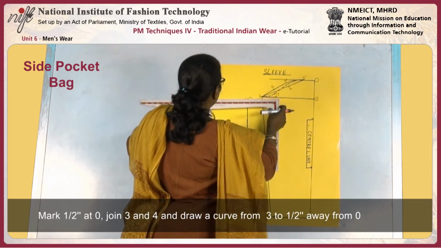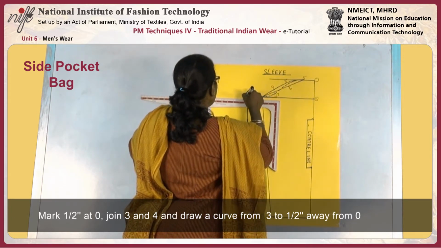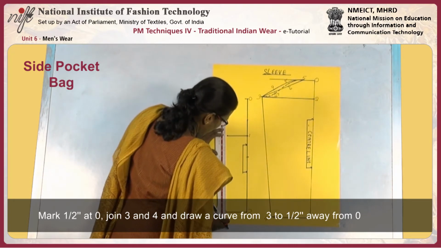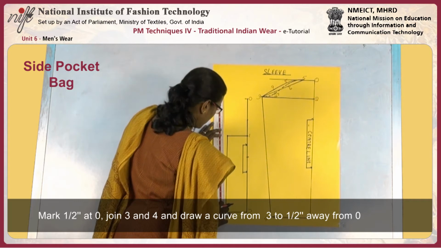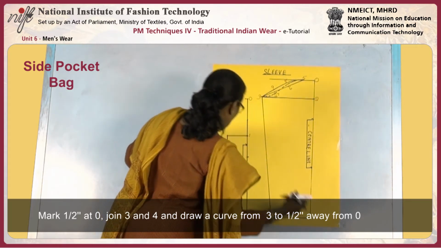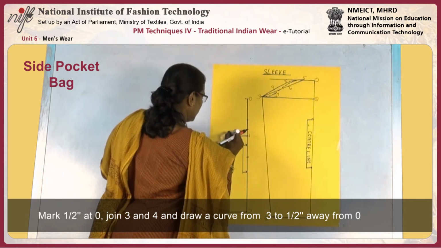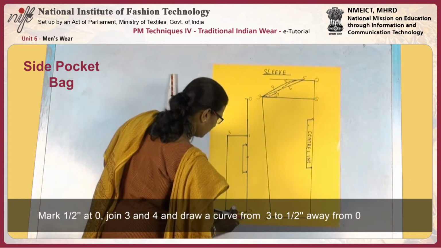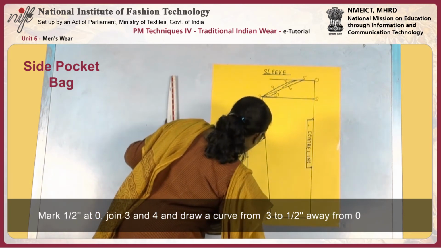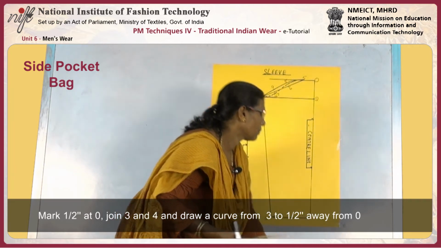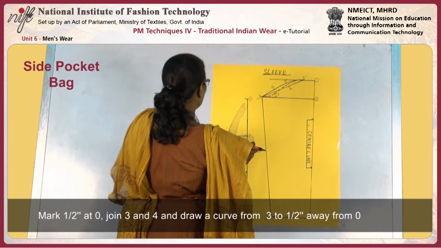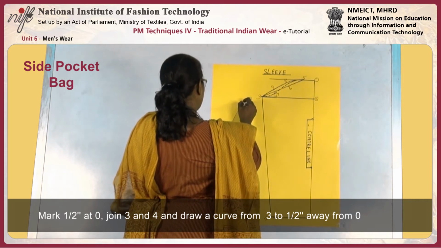So, join 3 and 4 as a straight line, then join this as a curve.